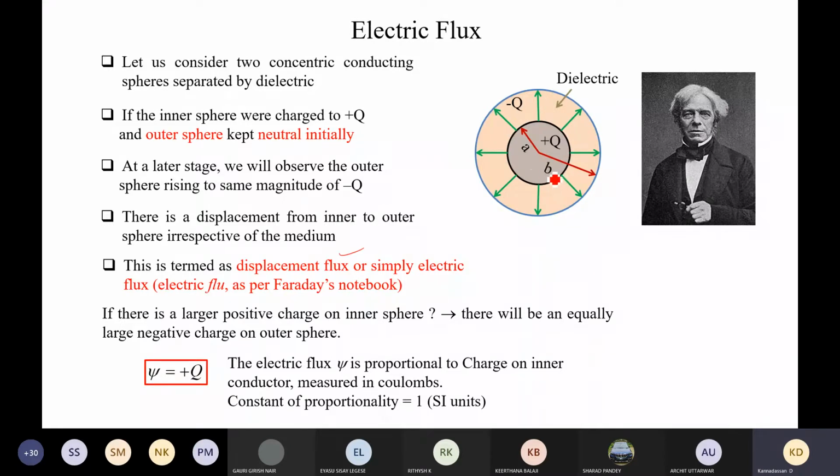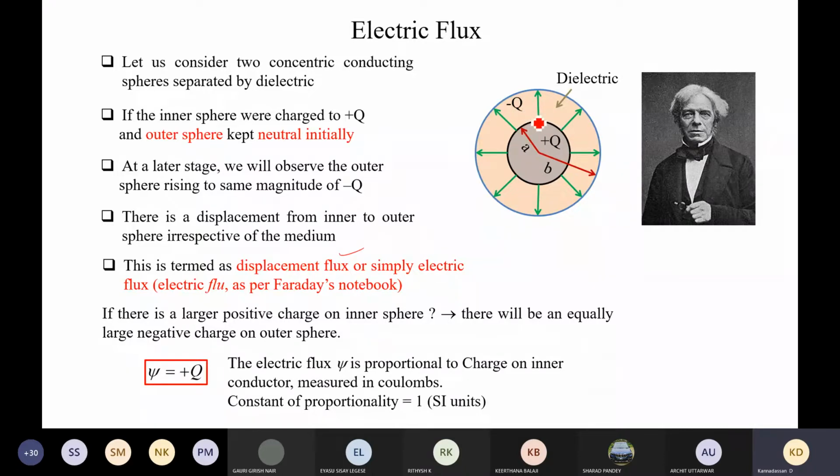So b is greater than a, and if you charge the inner sphere with positive charges, then within a fraction of a second you will find that the outer sphere will also be charged, but it will be negatively charged. We can wonder how this could happen.